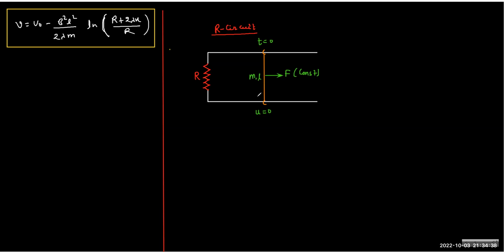Once the terminal velocity is attained, the power delivered by the applied force will be exactly equal to the power dissipated by the resistor, because no part of the work is consumed by the rod, since the rod's velocity is constant, which means its kinetic energy is constant. So the question is where that energy is going.